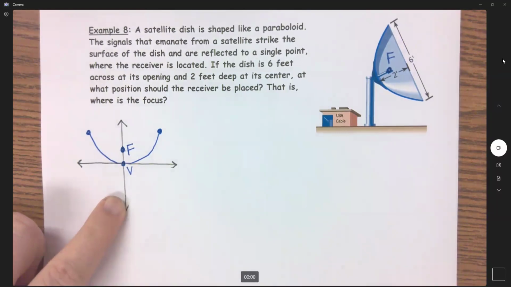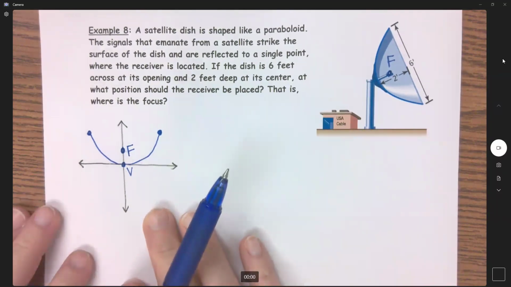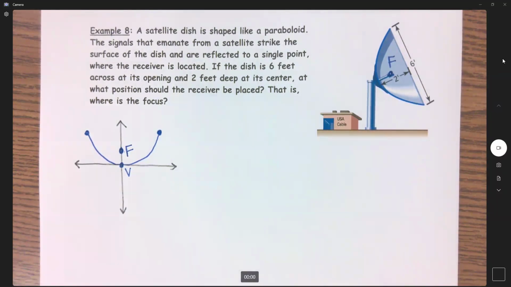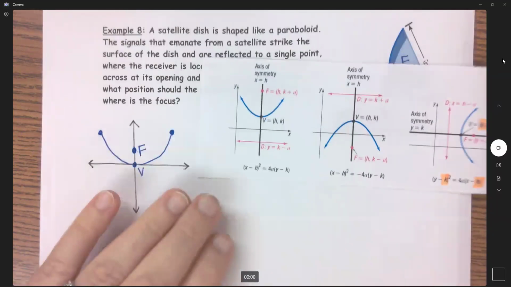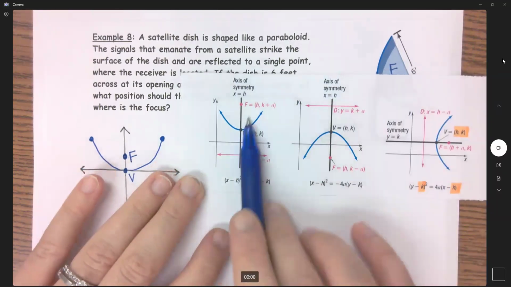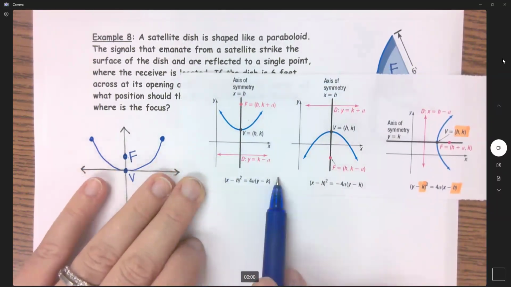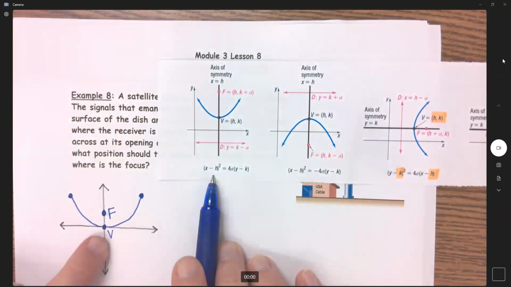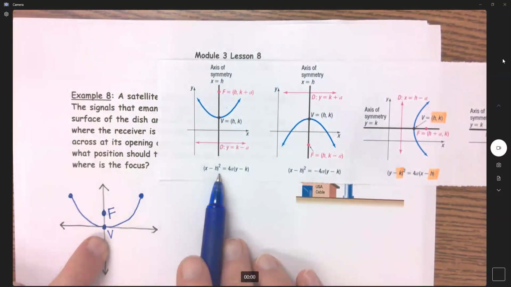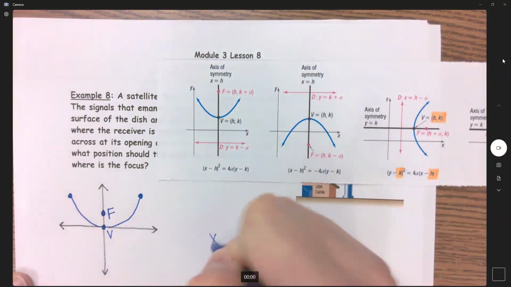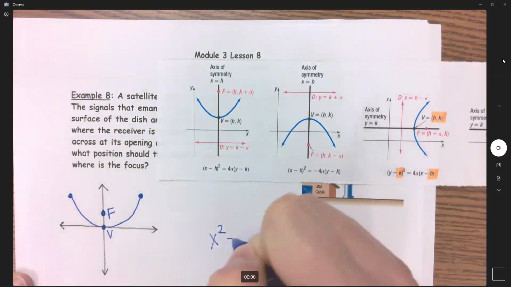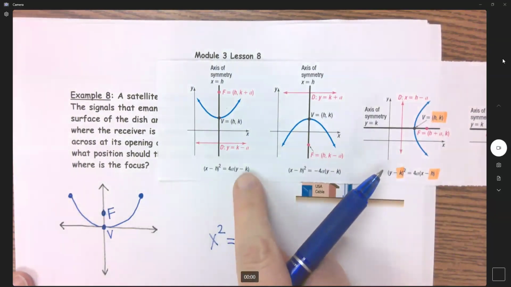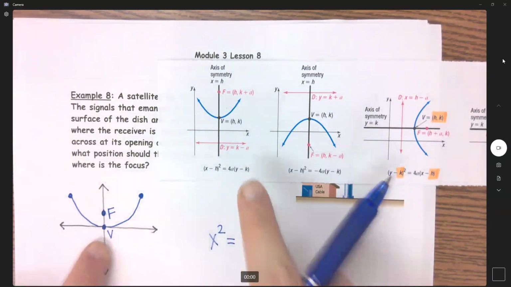If I'm using this version of my parabola opening up, and again, we can do it any way we want, but if I go opening up, here are my formulas. Opening up, I need this version of my formula right here. Now, if my vertex is at 0, 0, x minus 0 is just x squared equals 4a times (y minus k), and since k is 0, that is just y.